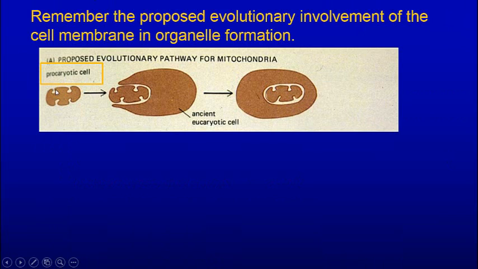Now, if we remember the proposed evolutionary involvement of the cell membrane in organelle formation, you remember the prokaryotic cell moved into the ancient eukaryotic cell, bringing in the cell membrane around that and making two membranes in the mitochondria.